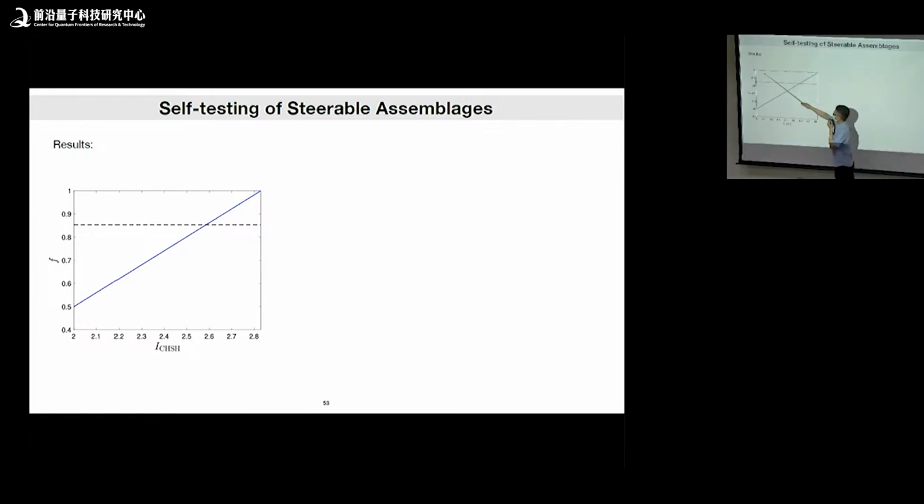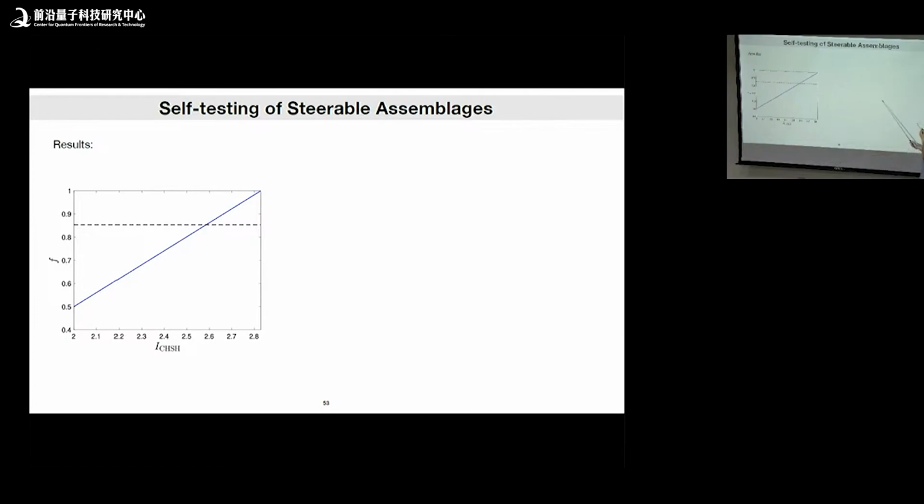So this means that if we obtain the maximum violation of the CHSH inequality, then we can judge that the underlying assemblage must be in the states 0, 1, plus and minus. And even if the violation does not achieve the maximum, for example between 2.6 and 2.8, there is still some non-trivial fidelity we can judge.